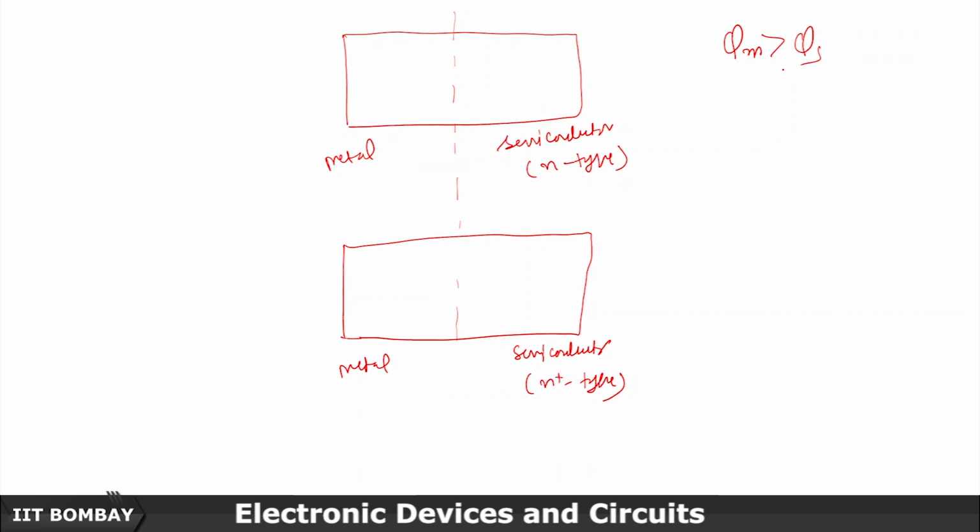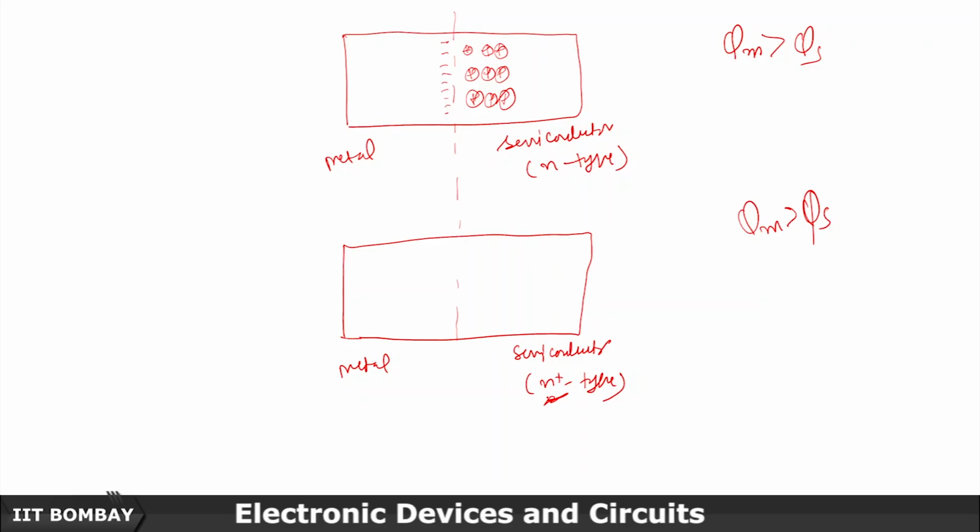So what is happening here, that electrons from the semiconductor will go to the metal, we will have the positive charge. Right. Things are the same here, let's say phi m is greater than phi s, but this is N type, right?